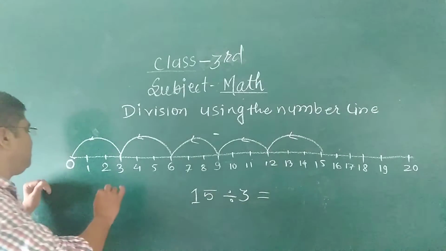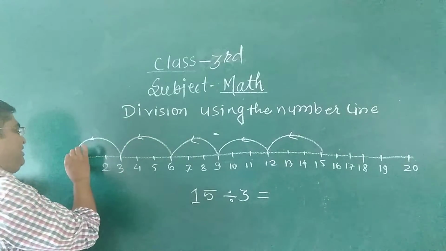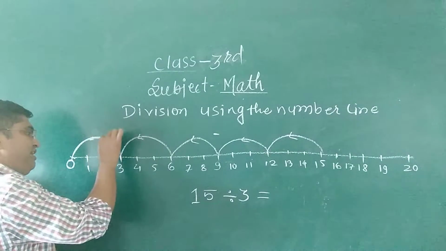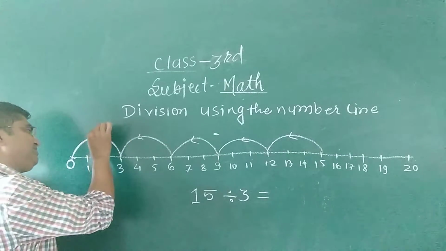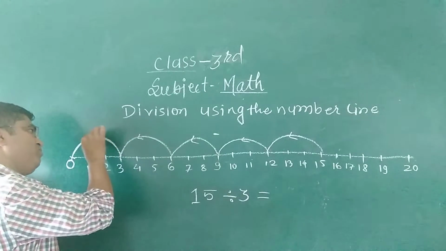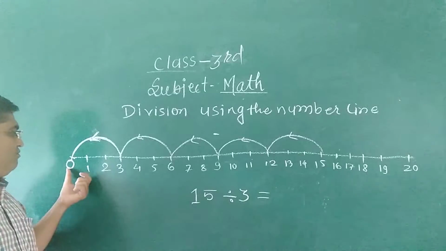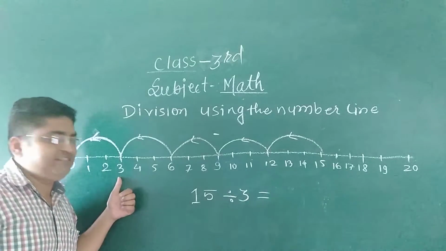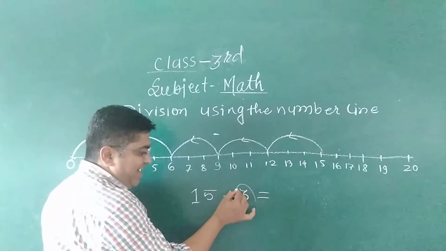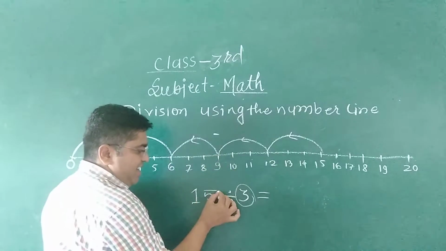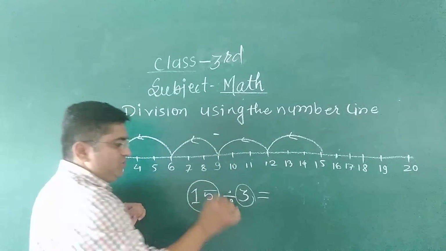From 0 to 3, this is the first loop: 1, 2, 3. Why are we choosing 3? Because we are dividing by 3, and the number is 15.